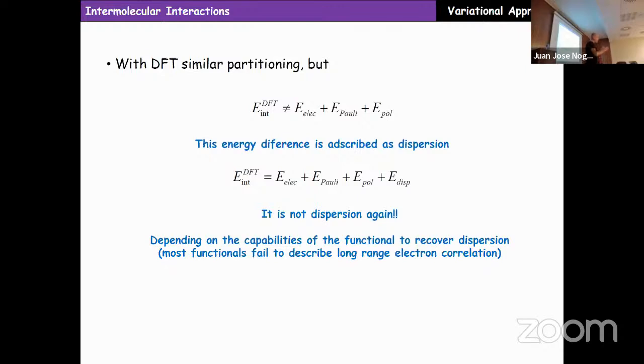In other functionals we also correlate, for example, these Minnesota functionals, etc. Some of these functionals include pretty well the medium range electron correlation, and you will see it in the computation exercise, because we are going to compare the performance of this functional with M06-2X. Okay. But what happens? The difference between the DFT energy and the Hartree-Fock energy is not dispersion, because most DFT functionals fail to describe long-range electron correlation and fail to describe the dispersion energy.